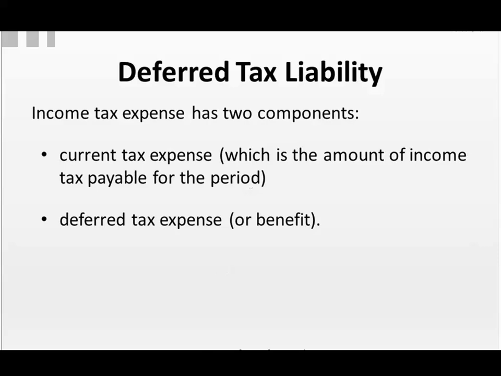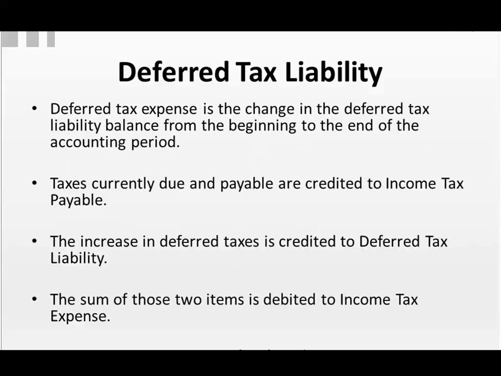Okay? So deferred tax expense really represents the change in the deferred tax liability from the beginning of the year to the end of the year. The taxes currently due and payable are credited to income tax payable, current, and the increase in deferred taxes is credited to deferred taxes.